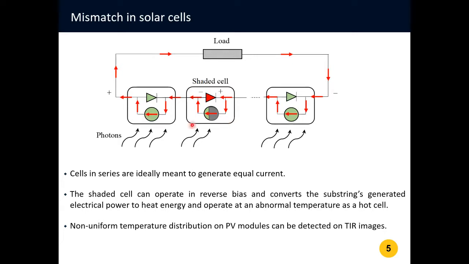The series connected cells are ideally meant to produce equal currents so that they match in their operating power. But when operating under dynamic conditions, the cells can mismatch.